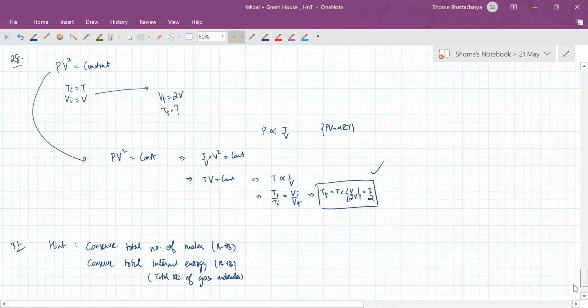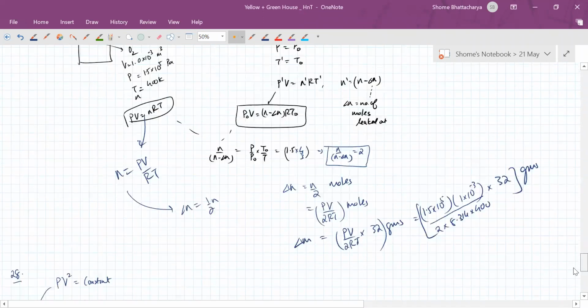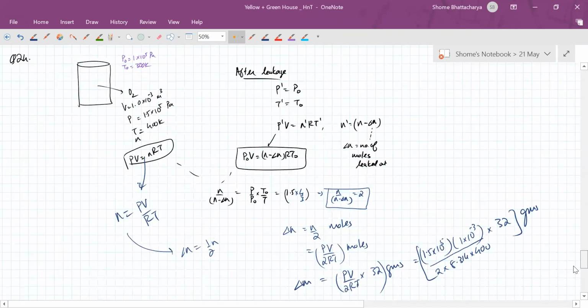Okay, so those who have finished writing down the earlier question, please move on to question 31. Solve it by the two hints I've given you: conservation of total number of moles and conservation of total internal energy.